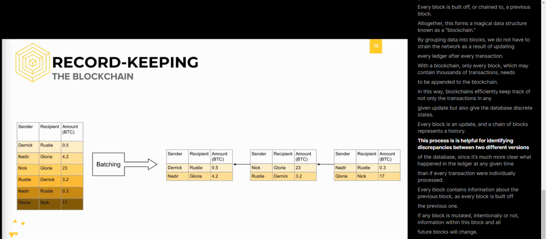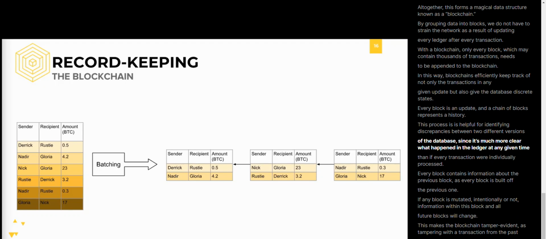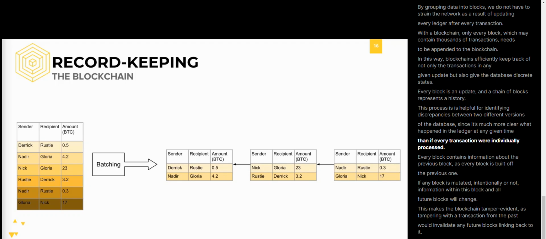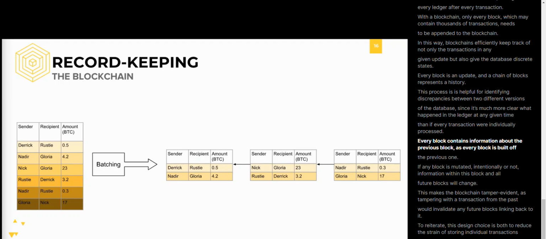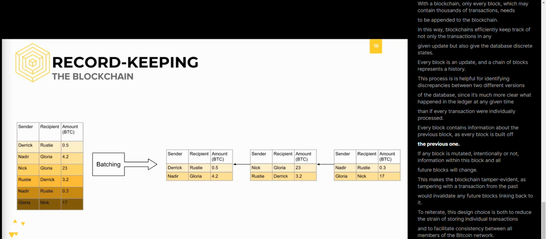This process is helpful for identifying discrepancies between two different versions of the database, since it's much more clear what happened in the ledger at any given time than if every transaction were individually processed. Every block contains information about the previous block, as every block is built off of the previous one.